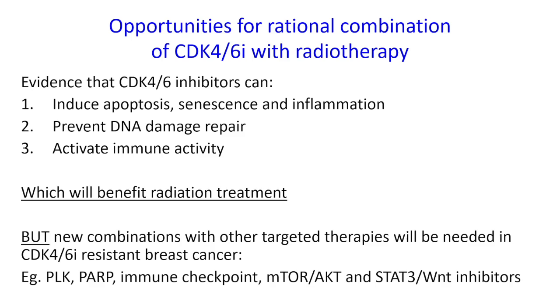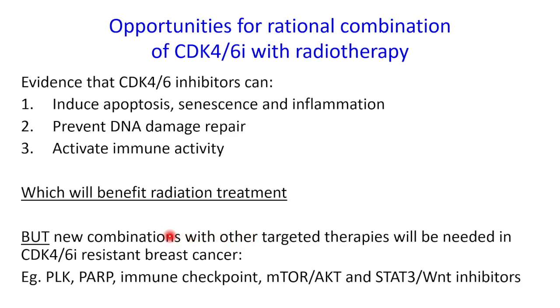So I think, just to sum up in my last minute or so, there's evidence that these CDK4/6 inhibitors can induce apoptosis, senescence, inflammation, that they can prevent DNA repair and activate immune activity, and all of these may be beneficial to radiation treatment, but there may be a requirement for new combinations of radiation therapy with other targeted therapies in the CDK4/6 inhibitor resistant tumours that are going to be progressing.